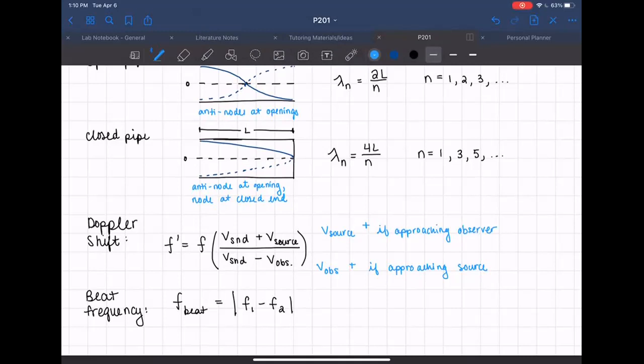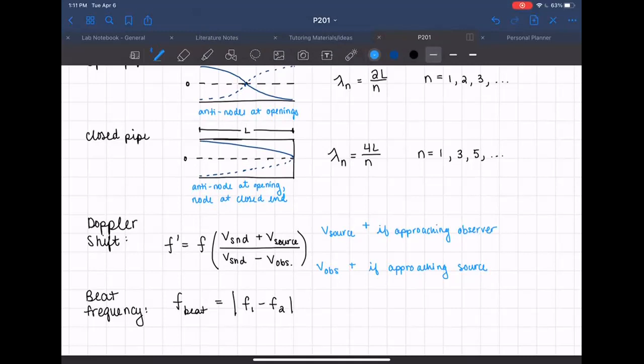If the beat frequency is, say, 3 and F1 is 40, F2 could either be 43 or 37. Since you're taking that absolute value, either way, you'll get back the same thing. So just be a little cautious with beat frequencies if you're solving for one of the frequencies that isn't the difference between them.